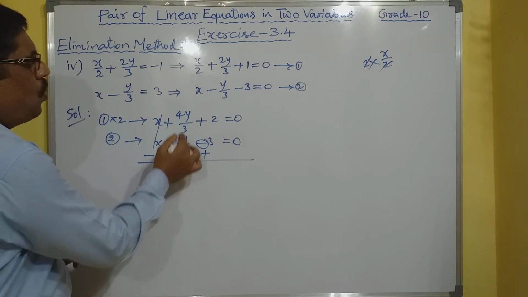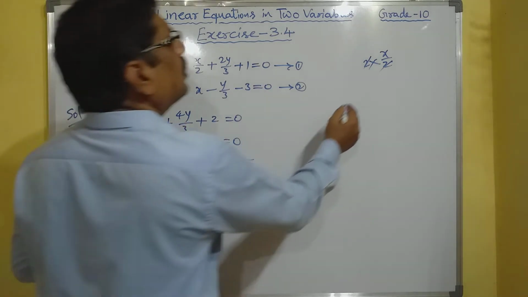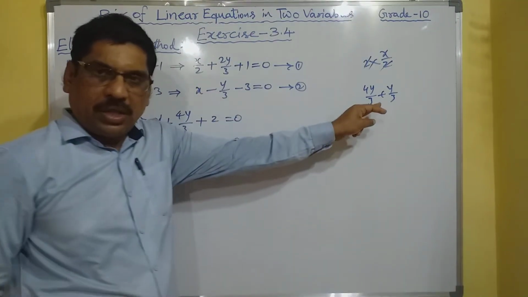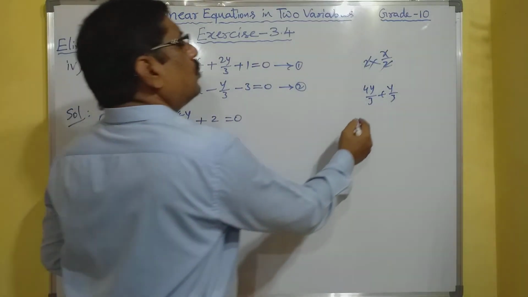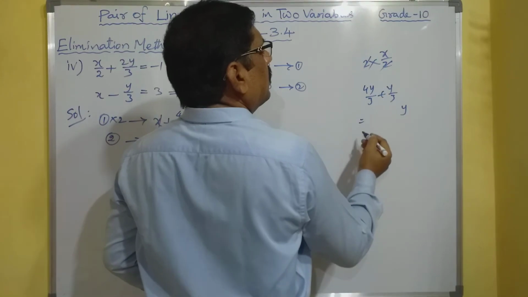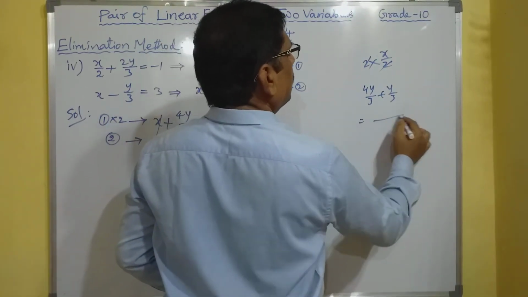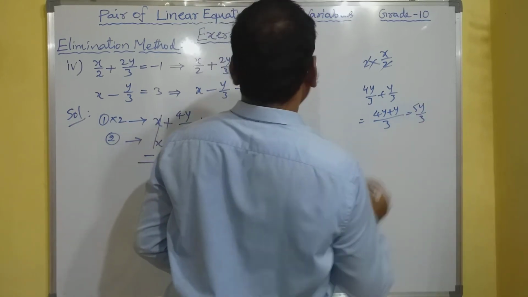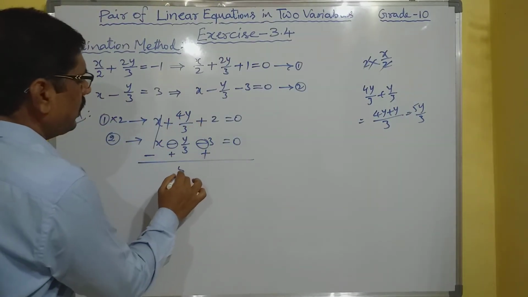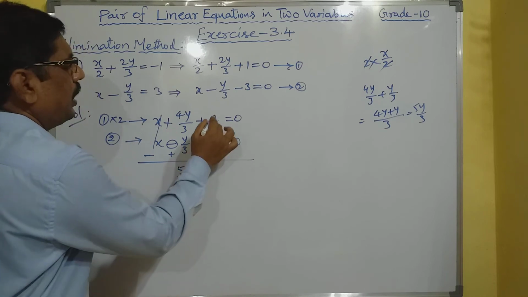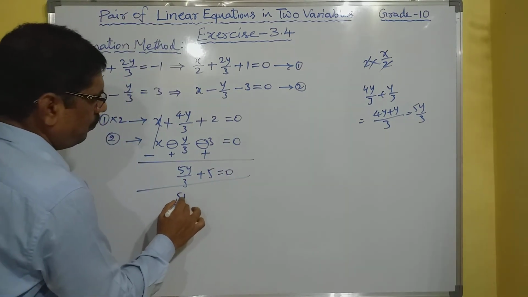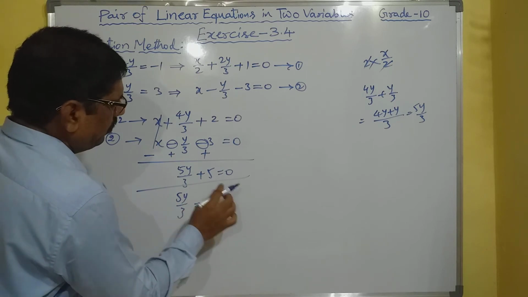We get 4y by 3 plus y by 3. Please look at the rough work, how I am doing. So let us take y common, otherwise take LCM directly, 3. So 4y plus y is equal to 5y by 3. And 2 plus 3, 5. Now 5y by 3 is equal to minus 5.